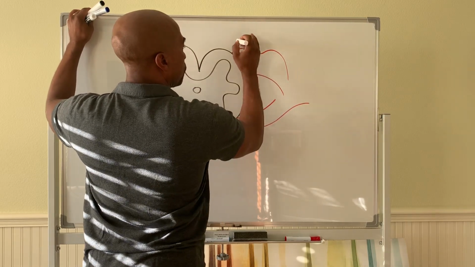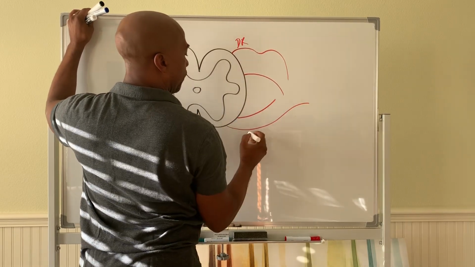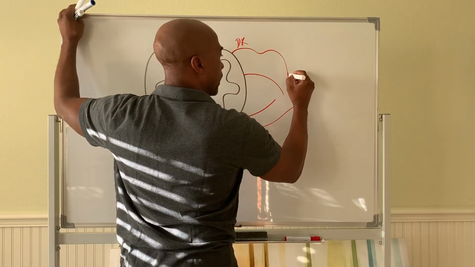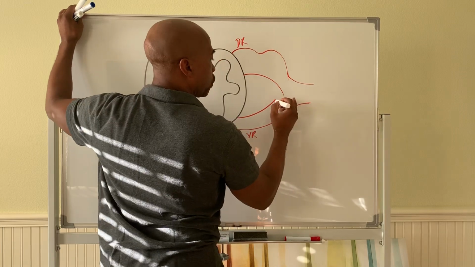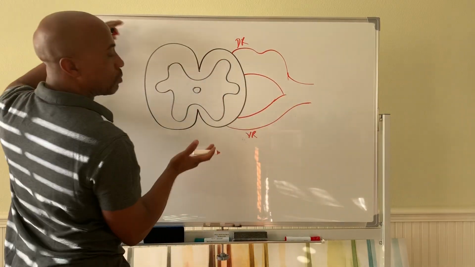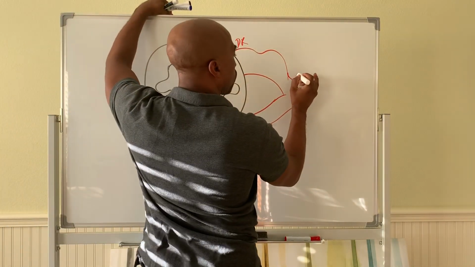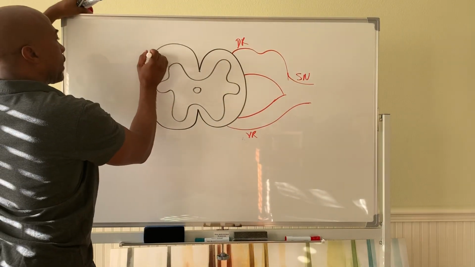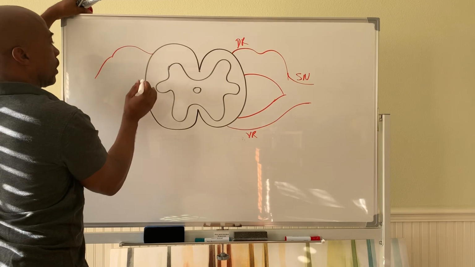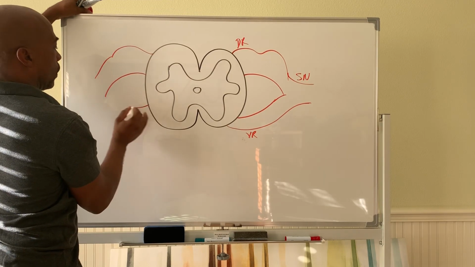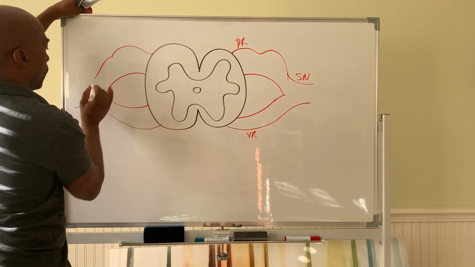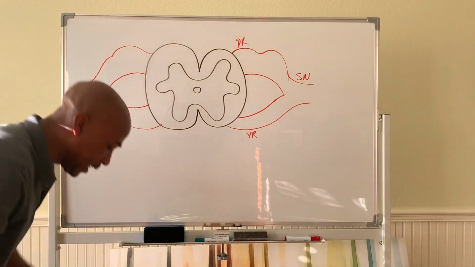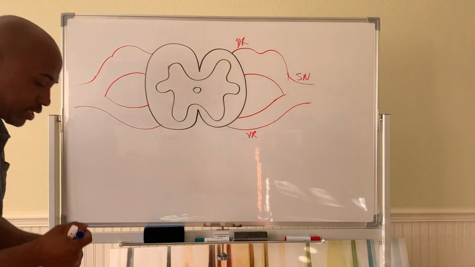Dorsal root, ventral root of the spinal nerve, and when both the dorsal and ventral roots meet together, they form what's called your spinal nerve at that point. On both sides, you have the same, and in these roots travel different types of neurons.